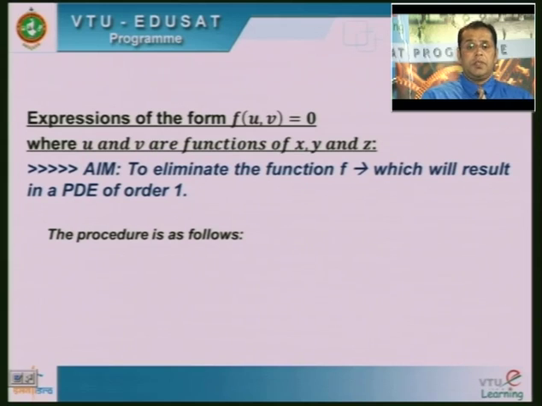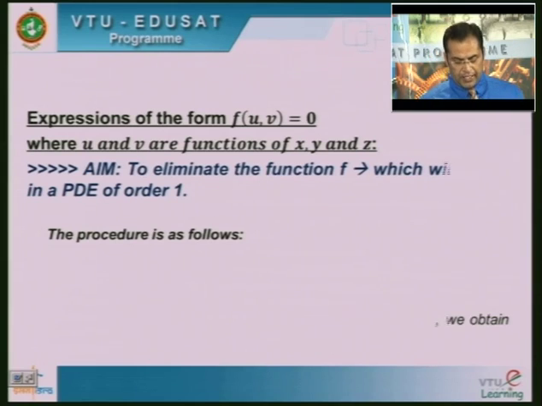What is the aim? To eliminate the function f, which will result in a PDE of order 1. So, again the PDE will contain only p and q. Now, these examples in particular require some theory part to be written. Okay. Now, the exact procedure for the theory part is shown in the next slide.